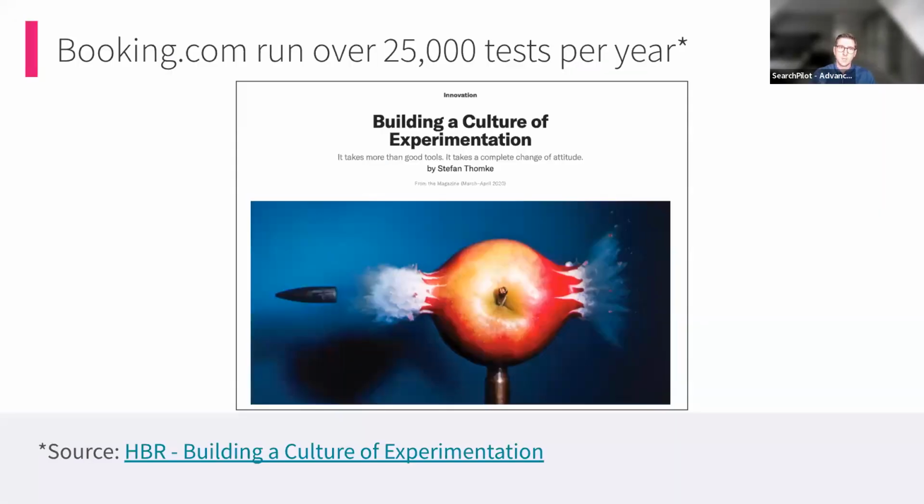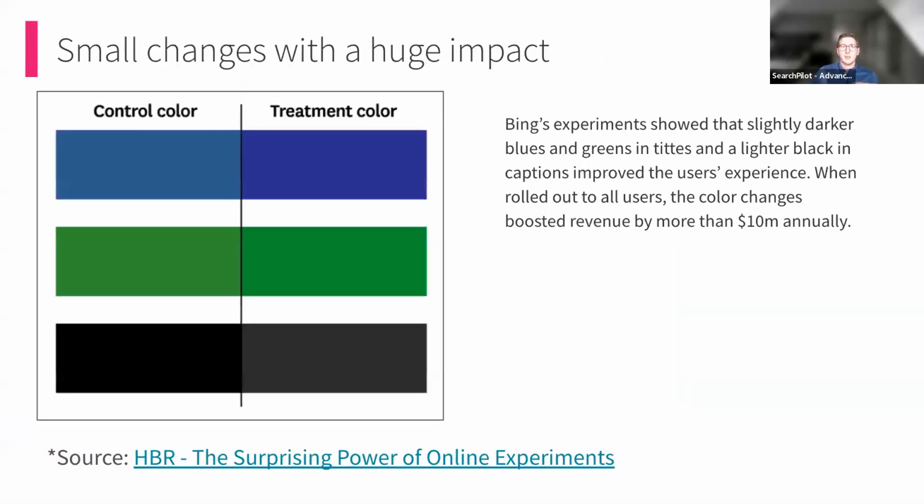Now, if you do any research into A/B testing, you will find things like this. This is a report on Harvard Business Review that showed that Booking.com run over 25,000 A/B tests a year. In another report, there was this example of a test that Bing ran where they changed the darkness of the color on the search results.